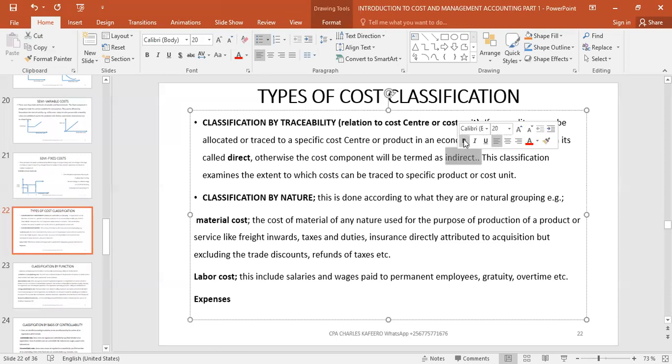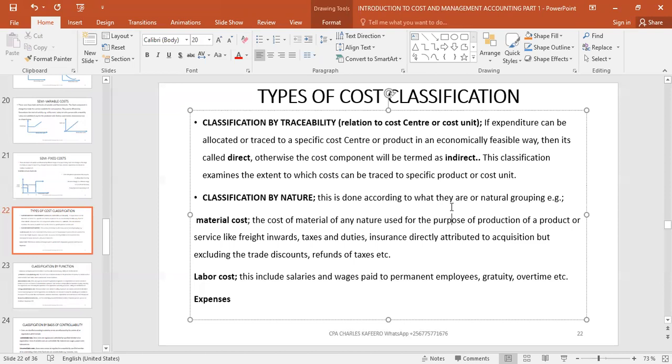So you get to know that when the cost is directly traced, or you can directly allocate it to a specific product or specific cost center, then we call it a direct cost. If it cannot be traced directly to the product, then they are called indirect costs, and those are the overheads.